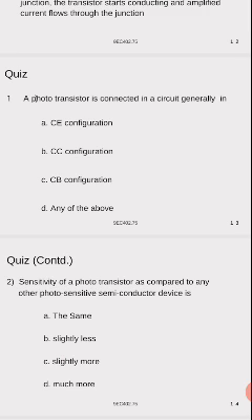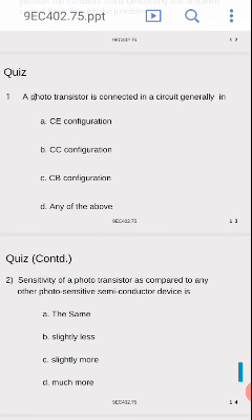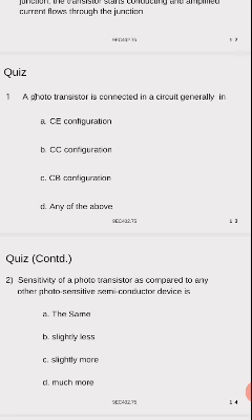So we studied in this class the phototransistor sensitivity is more than other devices we studied. So its sensitivity is more.